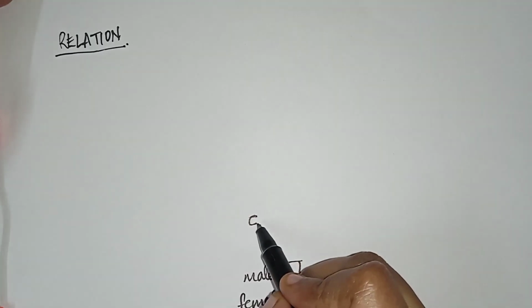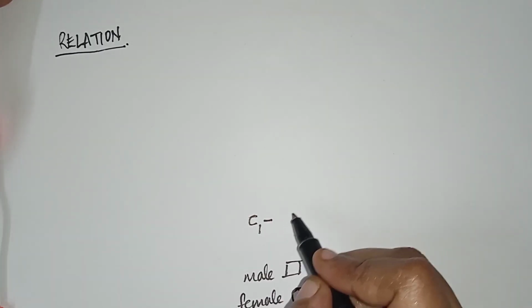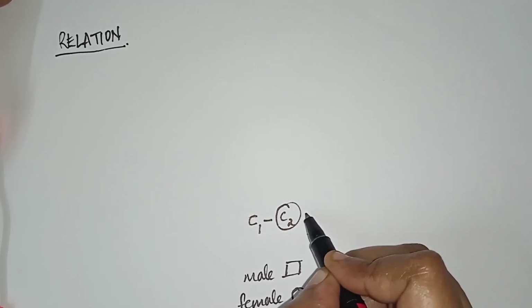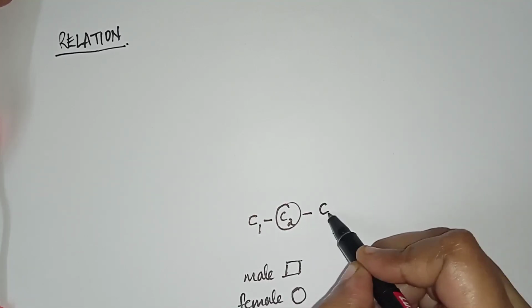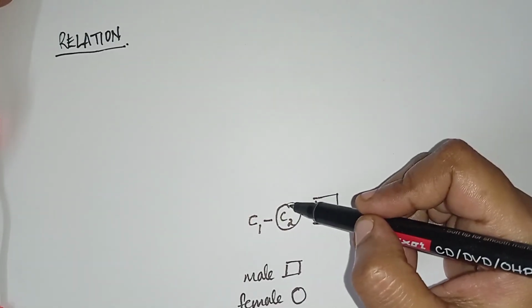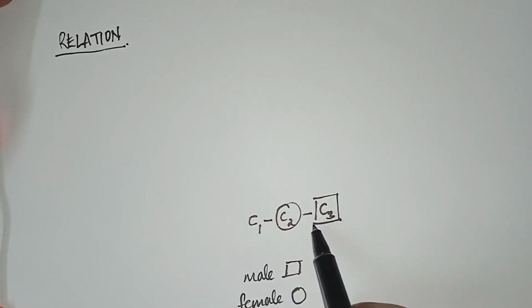So imagine you as a child, and you have a sibling, a sister, we'll name C2, and you have a brother, we'll name C3. And this all comes in one generation series.